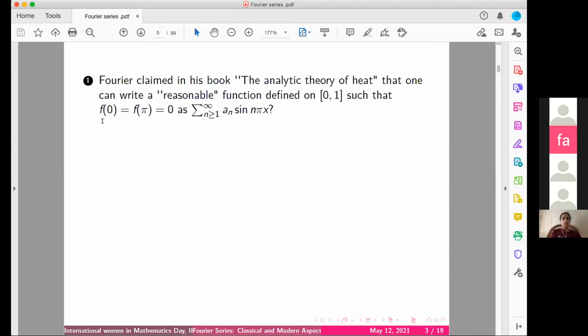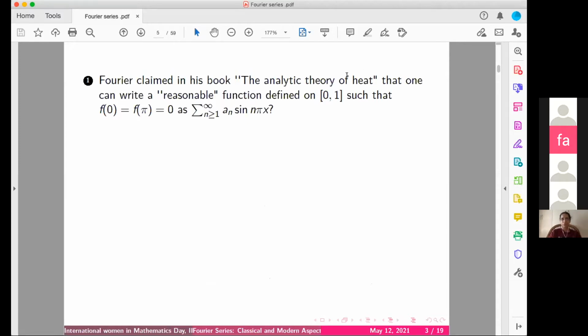Then, when Fourier was studying the heat equation, he wrote a book called The Analytic Theory of Heat, and there he claims that one can write a reasonable function, this reasonable is in quotes because it took centuries for mathematicians to figure out what that reasonable function is, defined on, again, initially I started with 0 to 1, and then I scaled it.